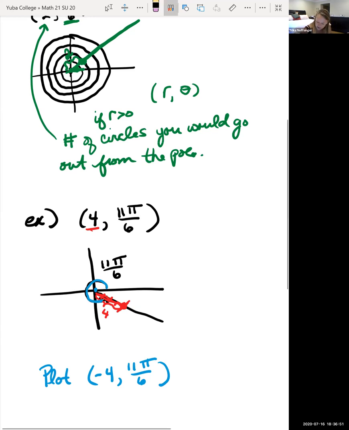Now this line, let's extend it left and right. If I extend this line, instead I'm going 4 in the opposite direction since it's negative. So I'm going to go up: 1, 2, 3, 4.